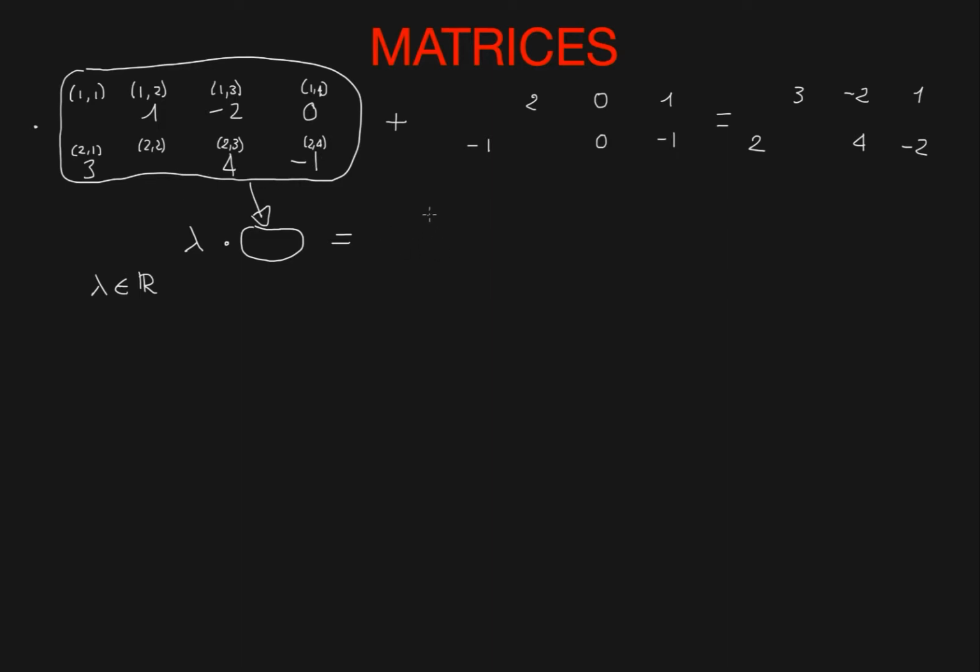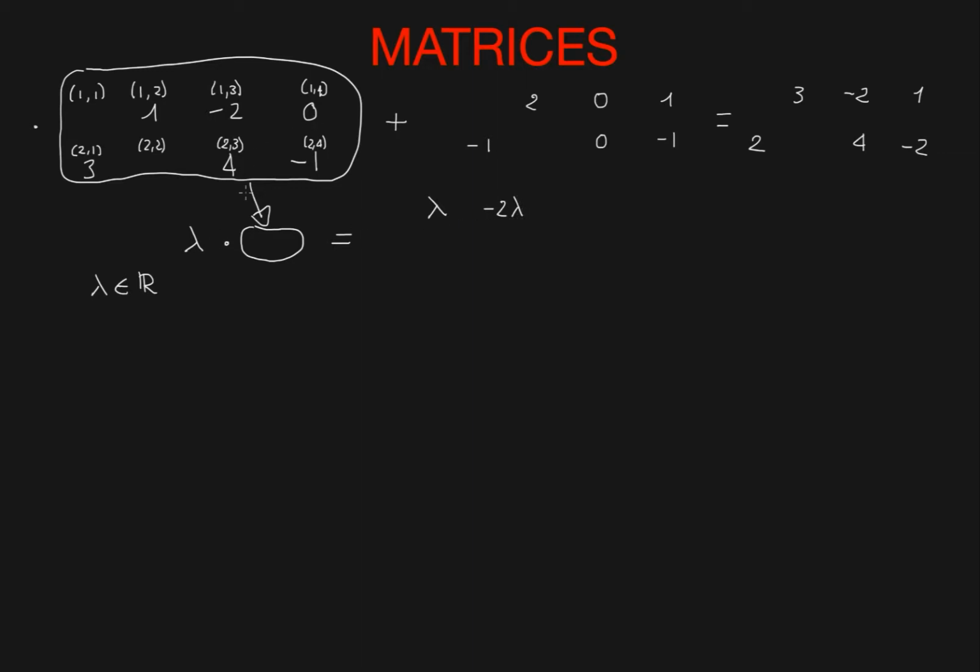Okay, so how do we define the multiplication by a scalar? We just define it component wise as we've done the sum. Therefore the first spot will be blank, the second spot will be lambda times 1, therefore lambda. The spot 1 comma 3 will be -2 times lambda, so -2 lambda.